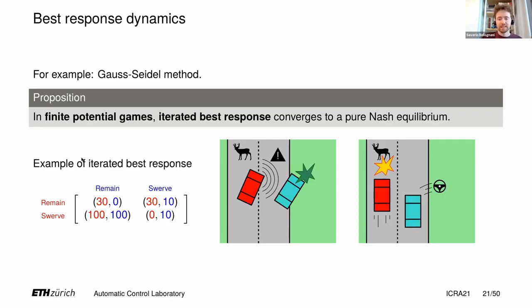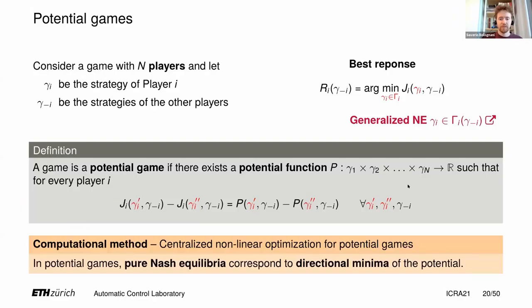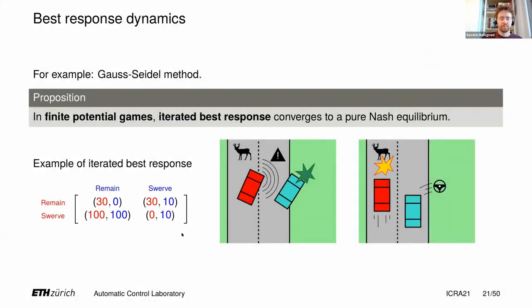Now, in the case that I had before, you can check yourself that this is actually a potential game, because there is a potential that satisfies the condition I presented before. And so we are guaranteed that iterated best response in this case would converge to a Nash equilibrium. Now, in two players, iterated best response tends to be quite trivial.